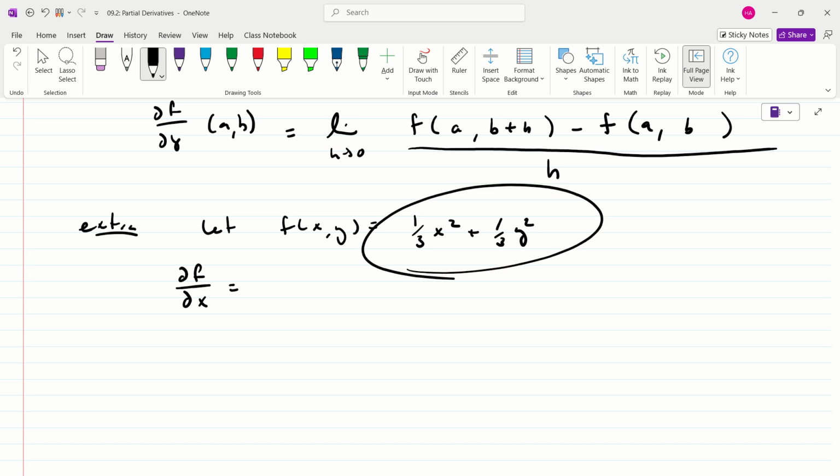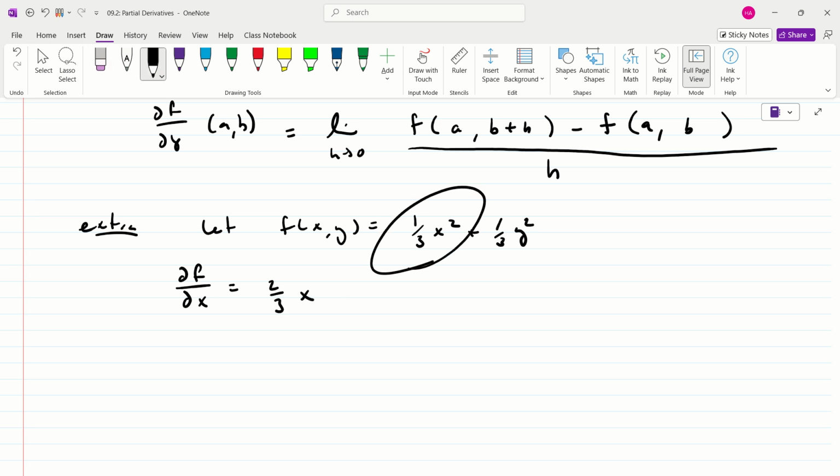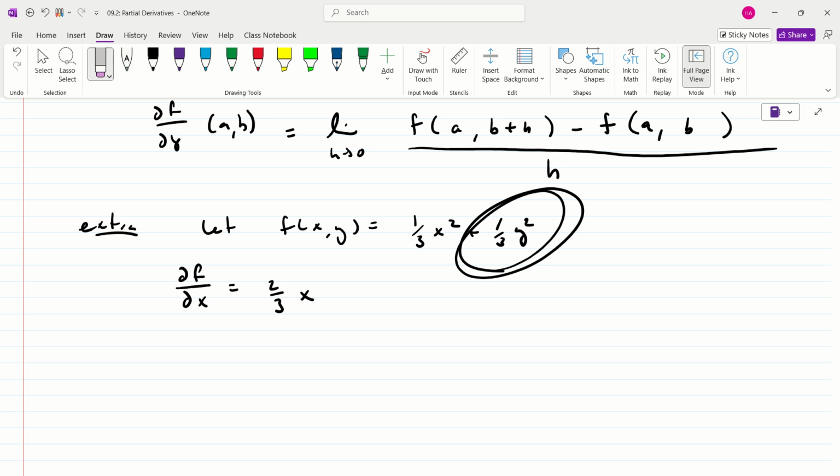So I'm taking the derivative of this expression with respect to x, and wherever I see a y, I'm going to assume it's a constant. So what's the derivative of this with respect to x? Well, that will be 2/3 x to the first power. What's the derivative of that with respect to x? Again, I'm assuming that y is a constant, so the derivative of a constant is 0. You don't have to really write anything, but I'm just going to put plus 0 here just to remind you that it's 0.